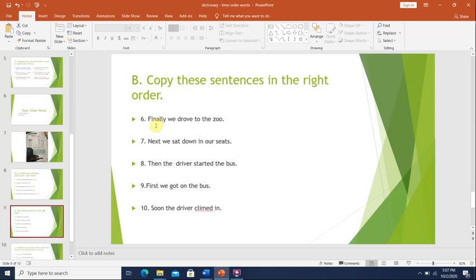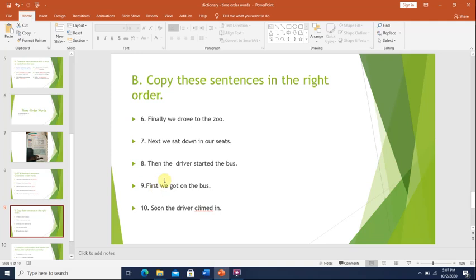Okay? Number 6. Finally, we drove to the zoo. Here, the word finally we usually use towards the end. Okay. Next, we sat in our seats. Number 8. Then the driver started the bus. Okay. First, we got on the bus.